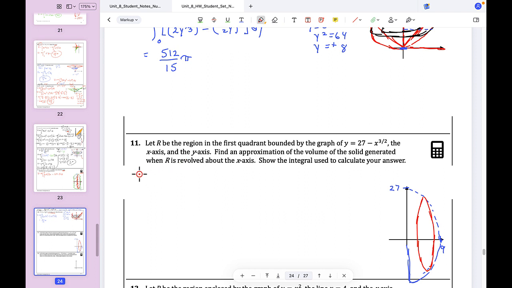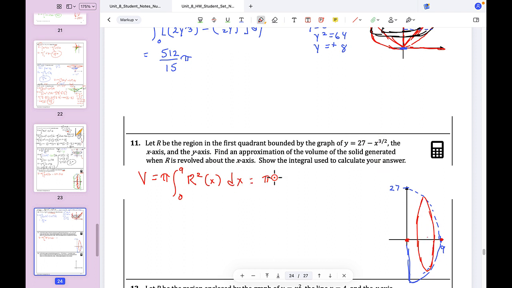So our volume is pi integral from, it's the x-axis, so from 0 to 9 of r squared dx, okay? And r is, of course, this function here.